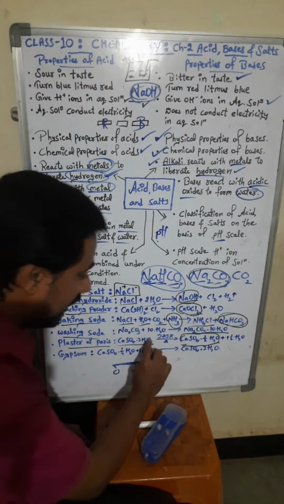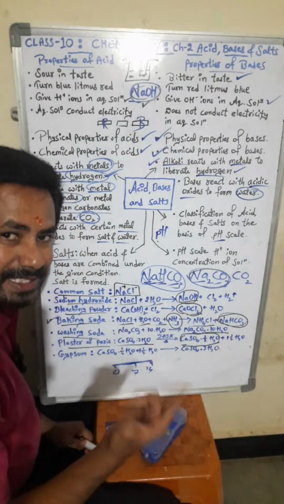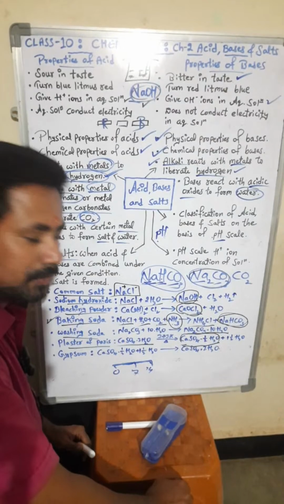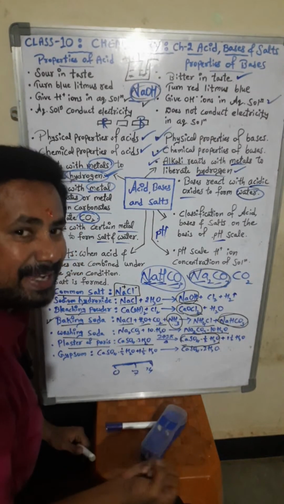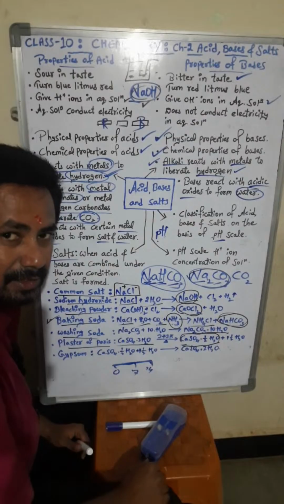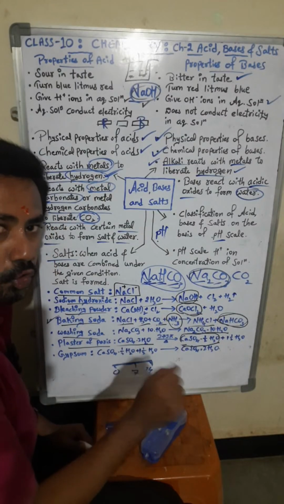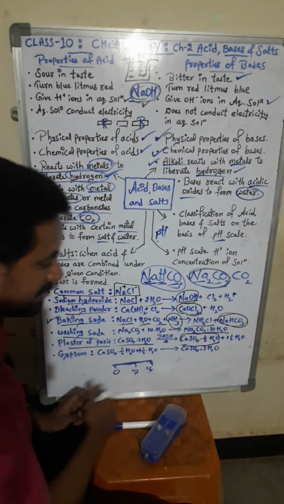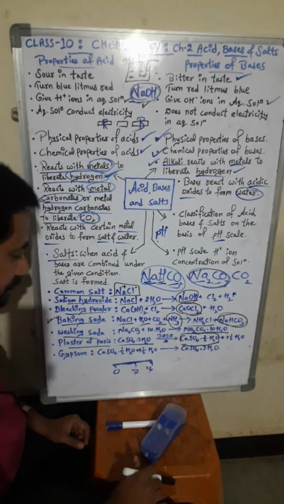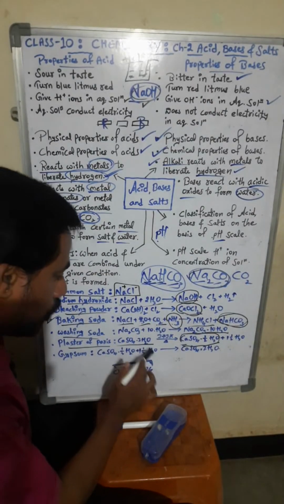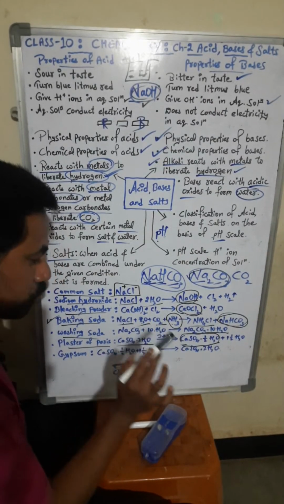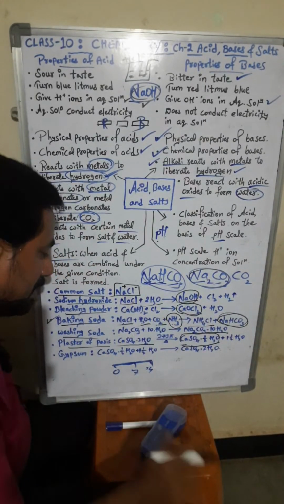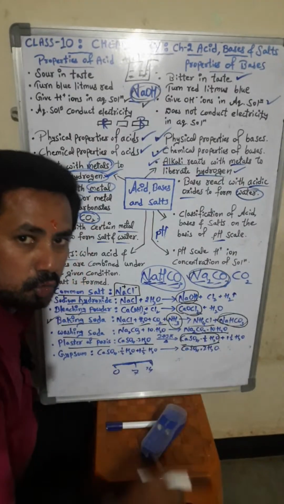When we heat, this triangle symbol means heat. How much? 373 Kelvin. If we heat that calcium sulfate 2H2O, CaSO4 2H2O, we will get plaster of Paris, that is CaSO4 half H2O. The CaSO4 and water are the same, but 2H2O versus half H2O, there is a difference.